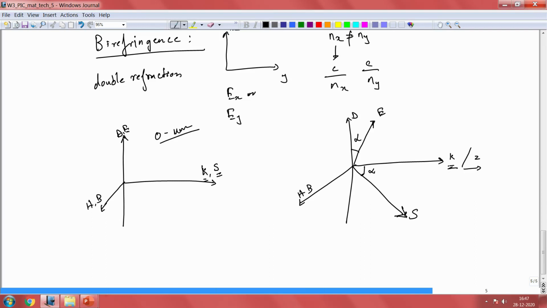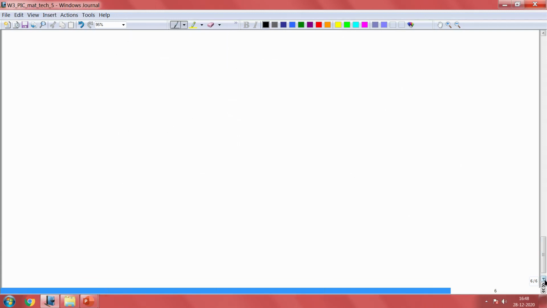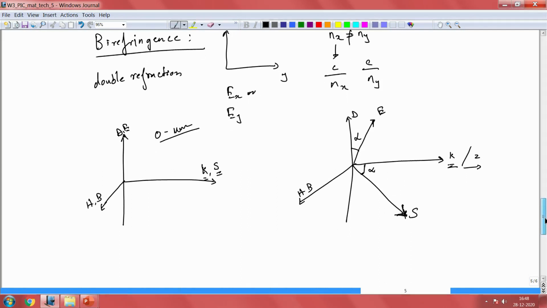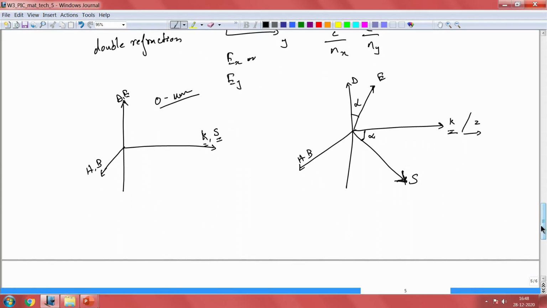So, the energy is now propagating at a certain angle alpha, deviating from the actual propagation direction. All right. So, this is something very interesting, and this could give rise to some interesting applications. So, one can exploit this angle with respect to your principal axis to create polarization dependent propagation.